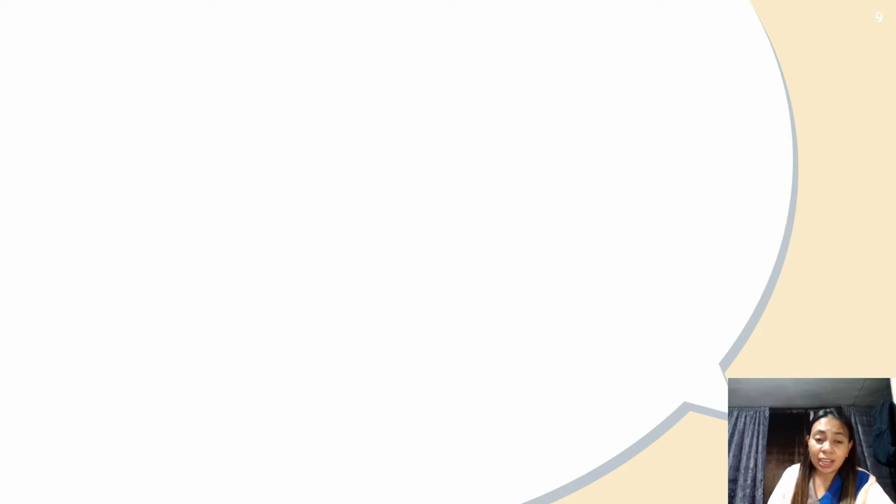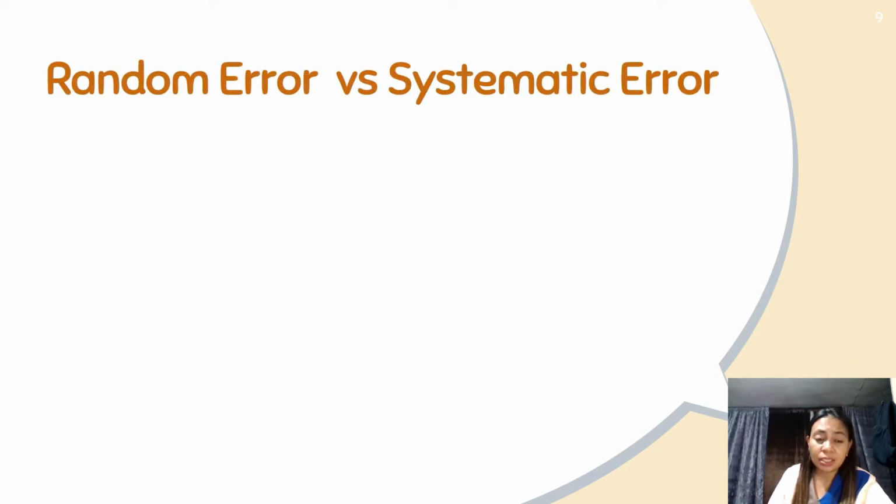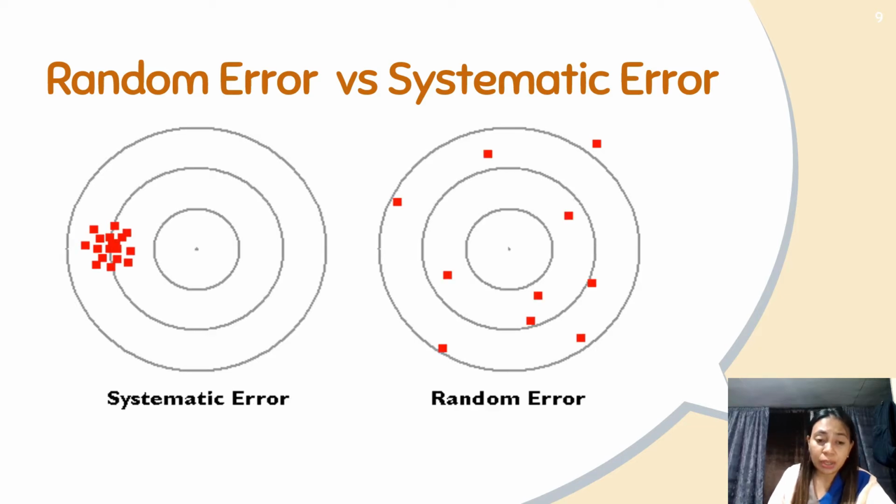Now let us identify the difference between random and systematic error. Remember our previous lesson about accuracy and precision. For example, in systematic error, we say that the readings are precise because they are close to each other, but they are very far from the true value.